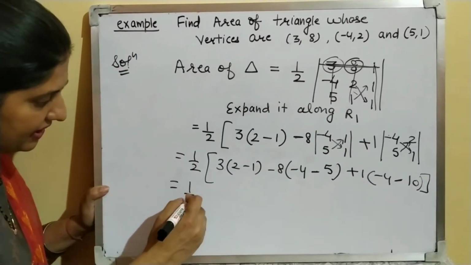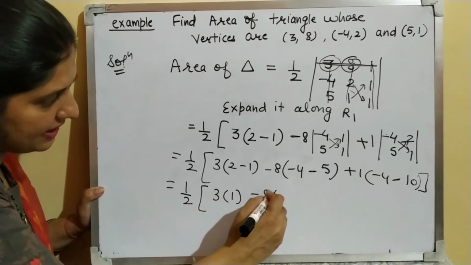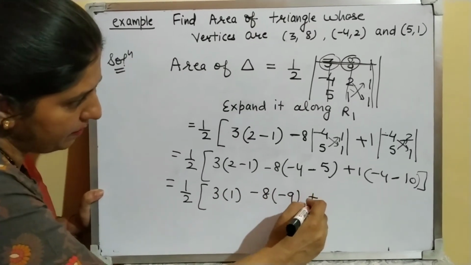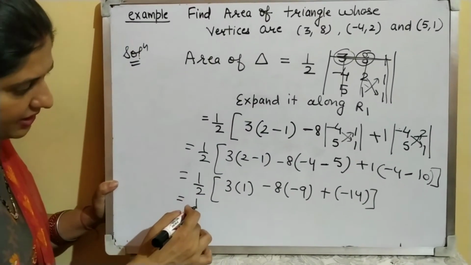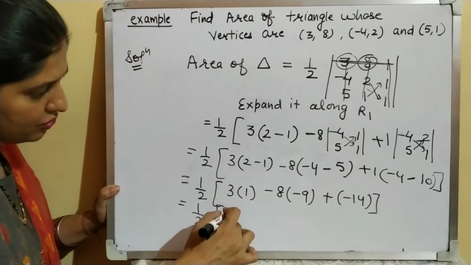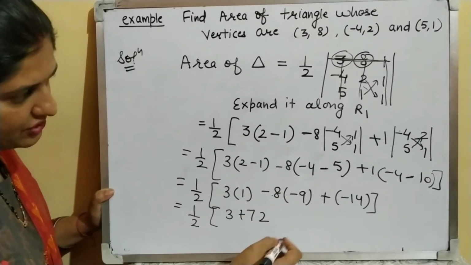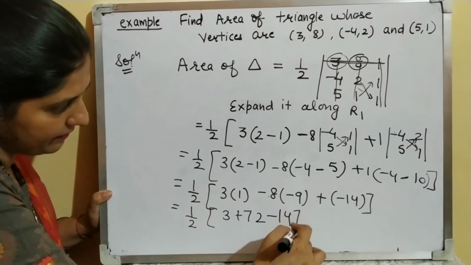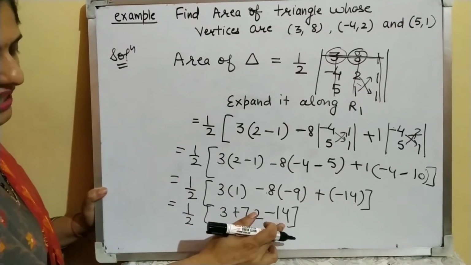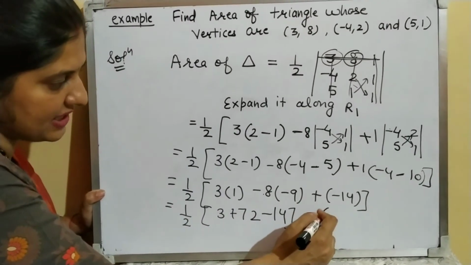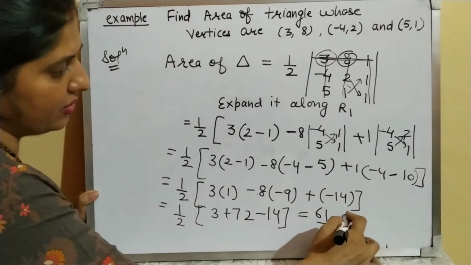Now just simplify it. 3 into 1, -8 into -9, plus -14. What we get is 1/2 into 3 - 7, plus 3 plus 72 - 14. 72 plus 3 is 75. 75 minus 14 is equal to 61/2 square unit.